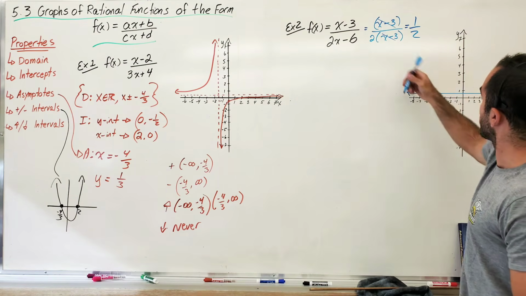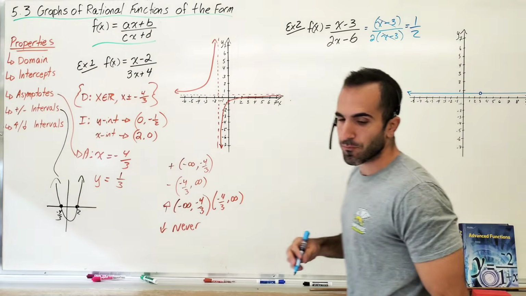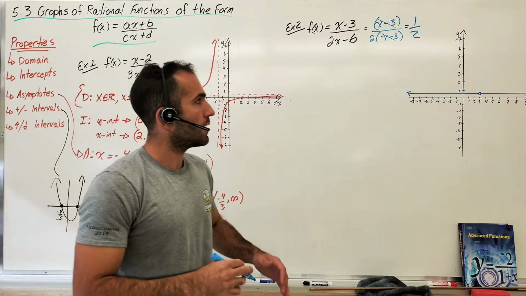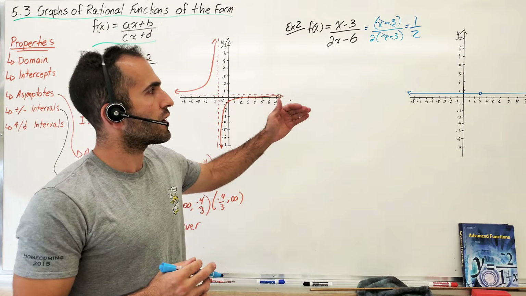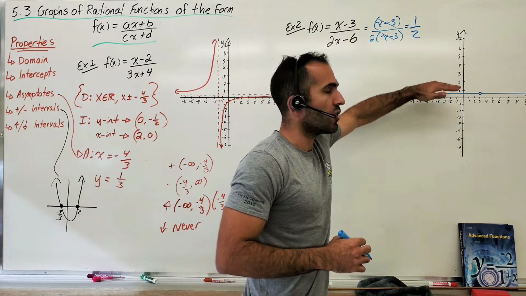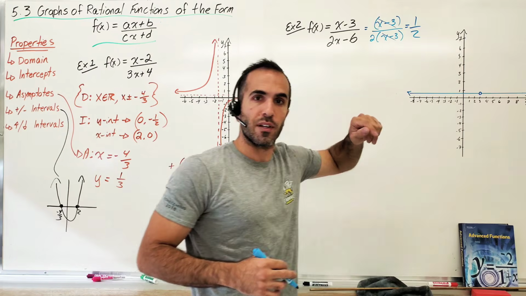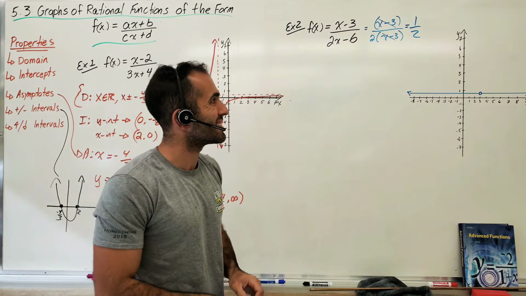Well, there's a hole at 3. So at x equals 3, you have a hole, which means the function can't exist there. Can't exist there. And that's it. I've already graphed it. So there are going to be situations where you can simplify it into a linear relation and graph it. And just, grade 9, and there's that grade 12 piece right there. Put that hole because the function can't exist there.